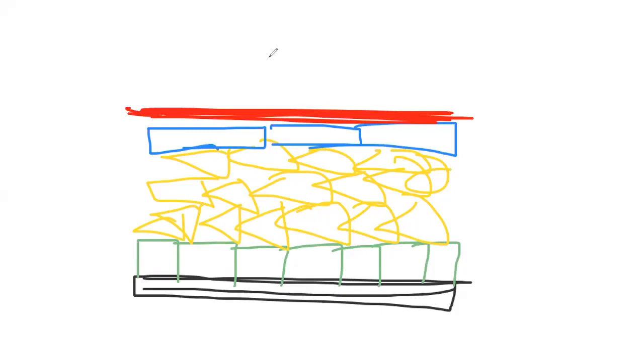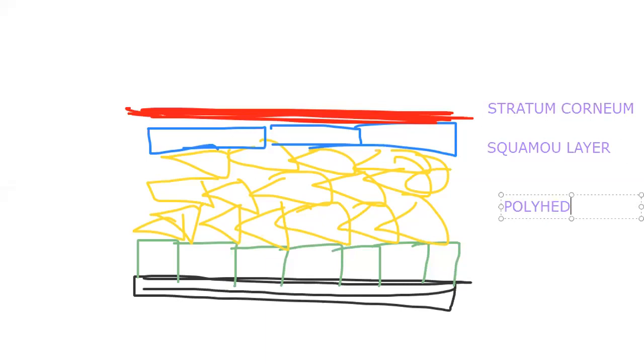Focus here. A little bit interesting thing here, because we are going to learn about ourselves. Let me label first. Stratum corneum. Then below the stratum corneum, what can we see? The squamous layer. Below that, the polyhedral cells.